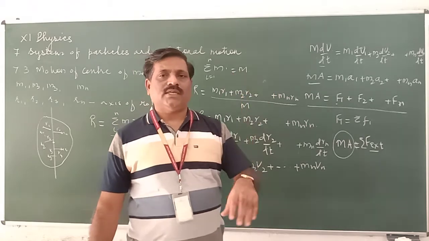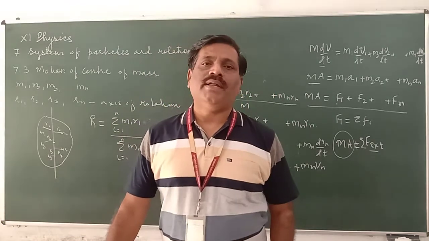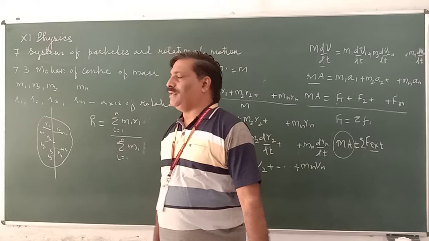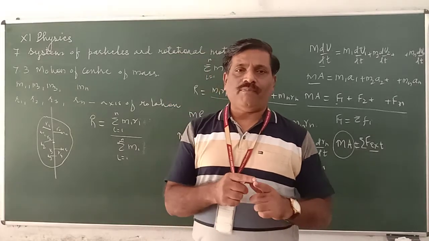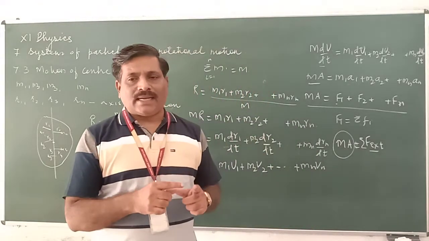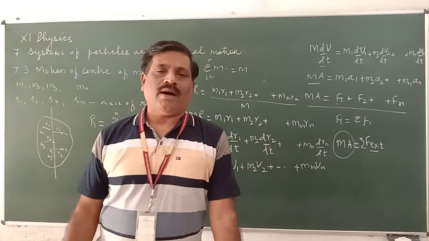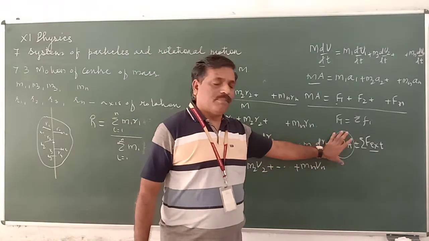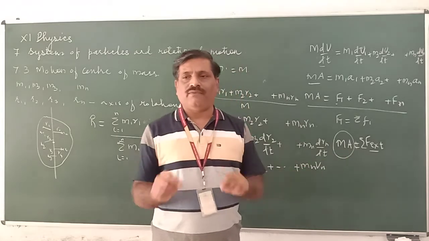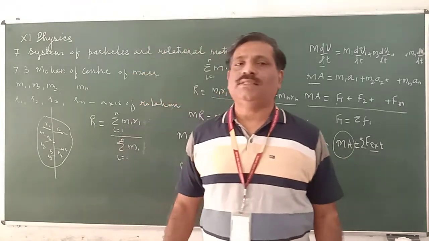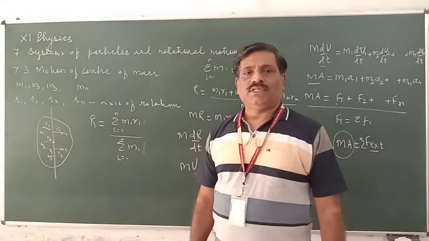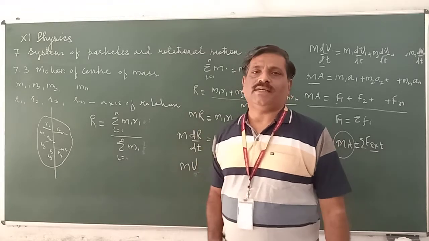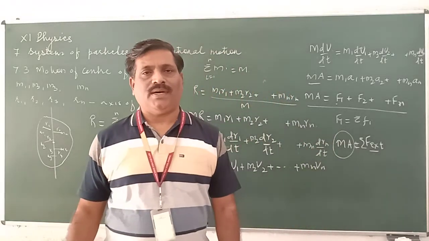When different external forces are applied on different particles of the body, the effect is that it accelerates the center of mass, and this acceleration times the total mass of all the particles gives you the external force, and it is basically the definition of center of mass.